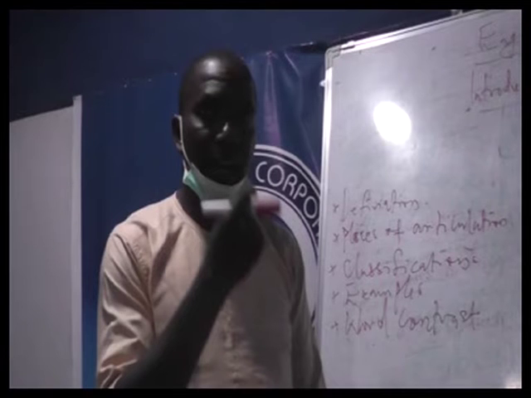Now, the first one here is produced with complete blockage of the air from the airstream, and then it is blocked by the lips and released at once. The same thing applies to the second. Now, the first one is termed voiceless, and the second one is voiced. How do you identify the first as voiceless and the second as voiced?